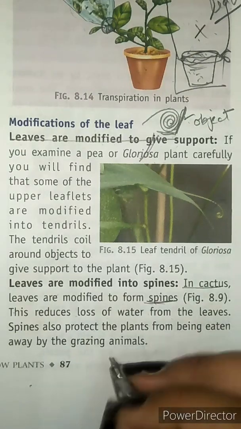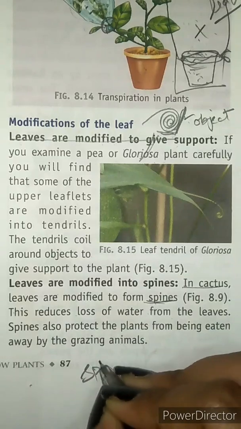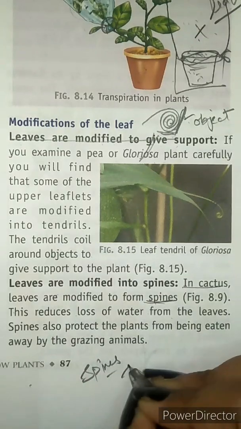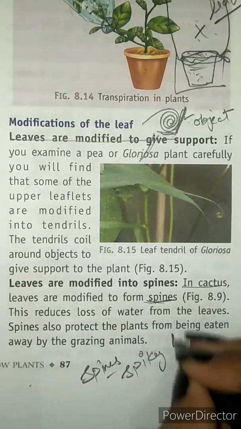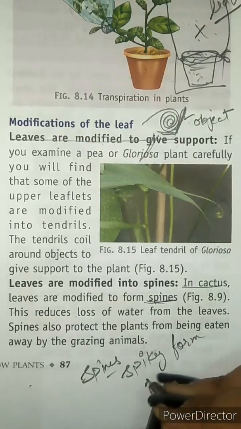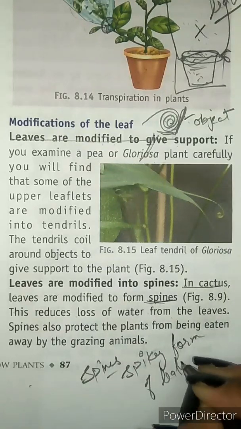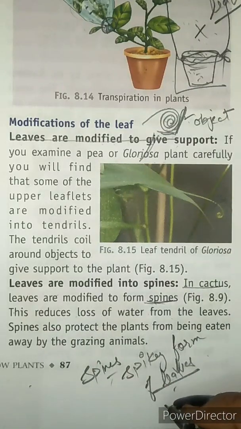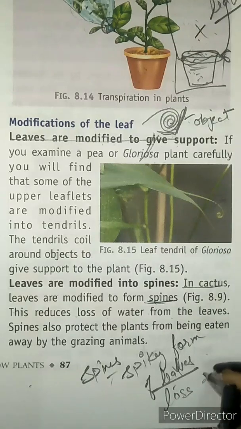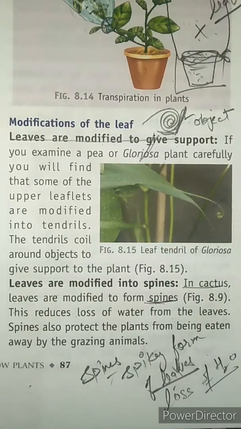Okay, students, so spines are the spiky form of leaves, and they help to reduce loss of water. Why?